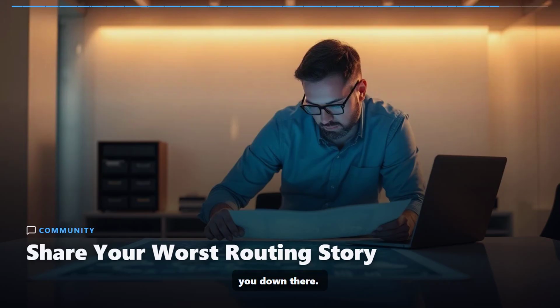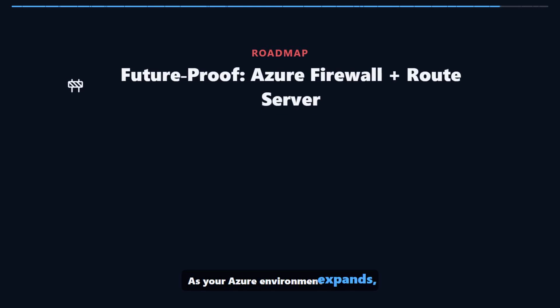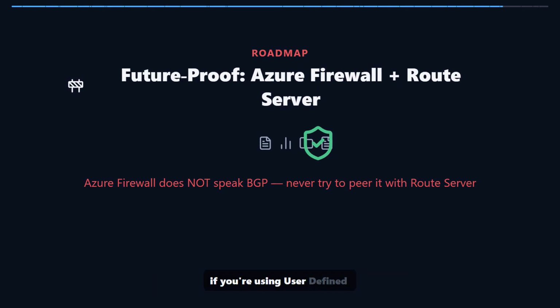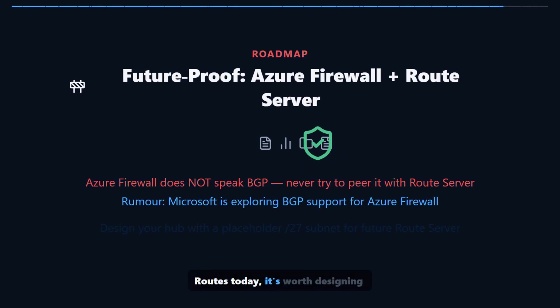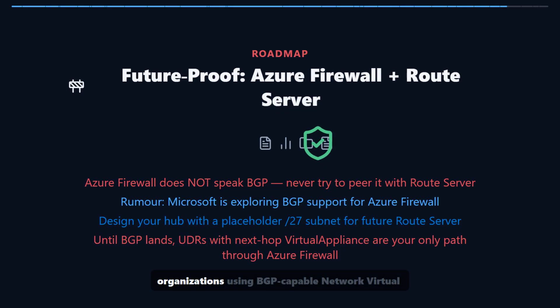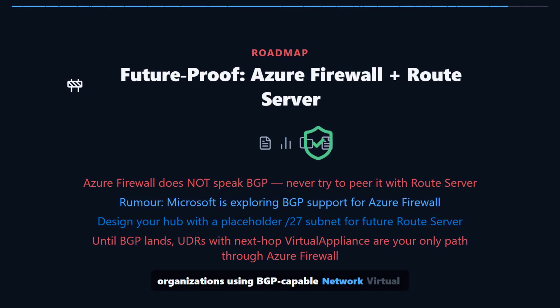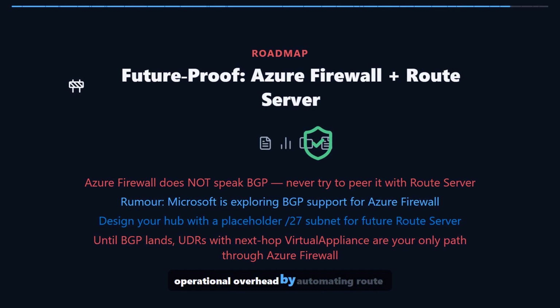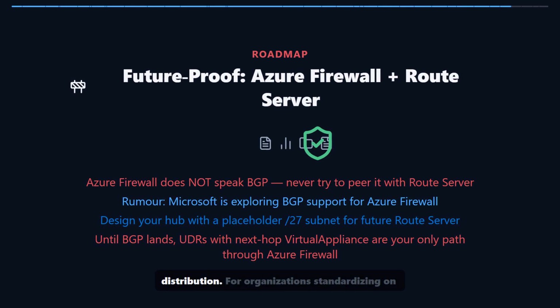As your Azure environment expands, automation becomes increasingly valuable. Even if you're using user-defined routes today, it's worth designing your hub network so Azure Route Server can be introduced later without major redesign. For organizations using BGP-capable network virtual appliances, Route Server significantly reduces operational overhead by automating route distribution.